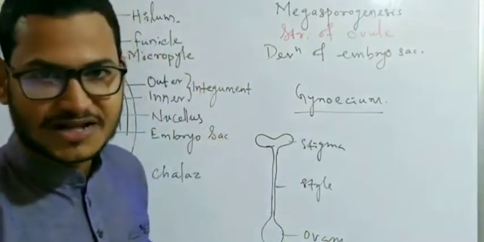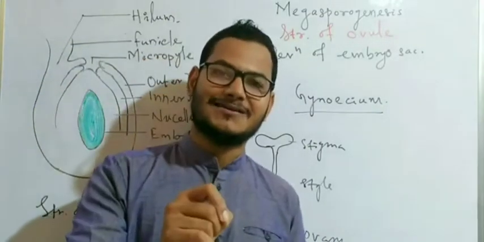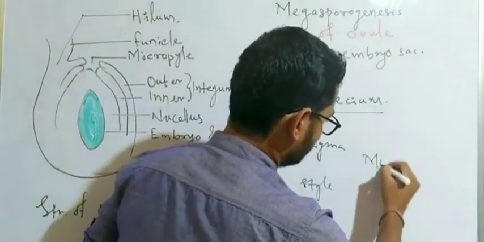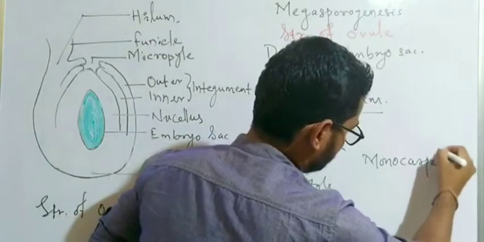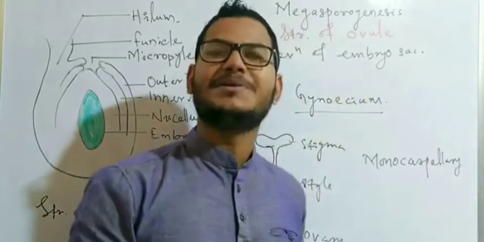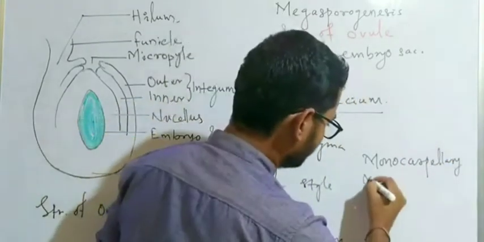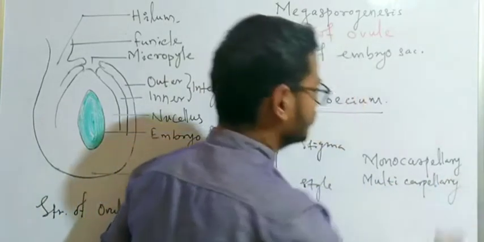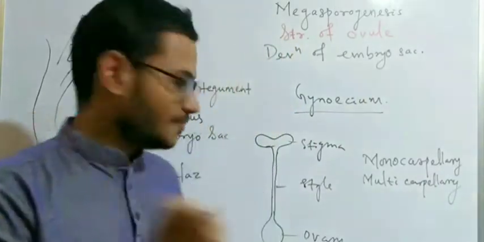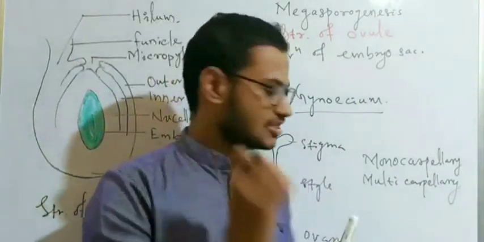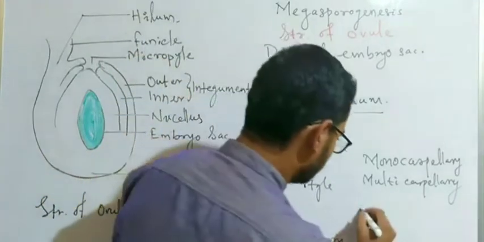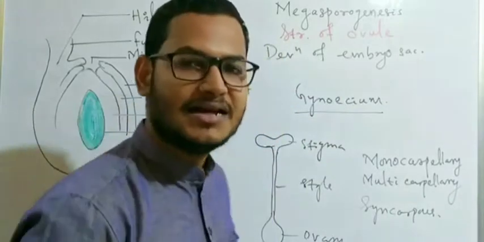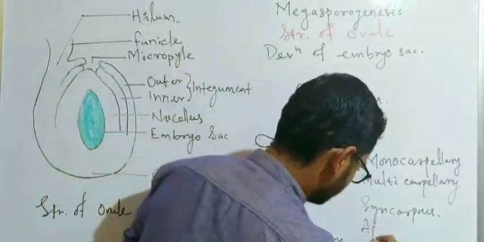When a single pistil is present, it is called monocarpellary, and when many pistils are present, it is called multicarpellary. Two more terms: when the carpels or pistils are fused together, it is called syncarpous, and when they are free, it is called apocarpous.